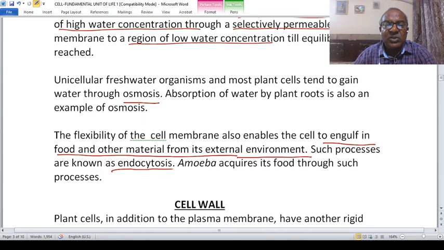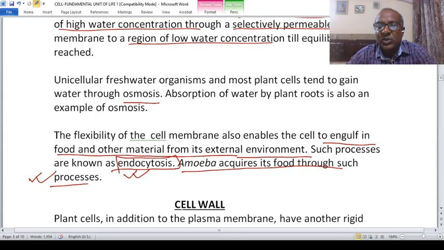And this process is called endocytosis. Amoeba acquires its food through such a process.